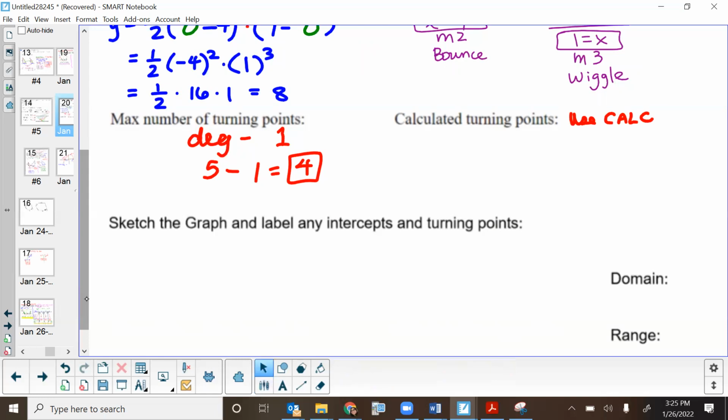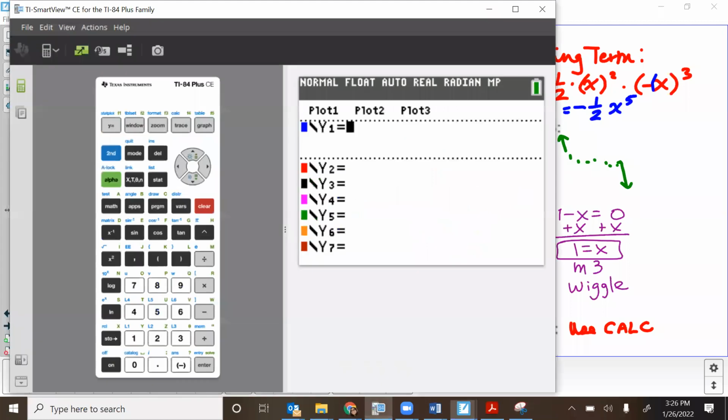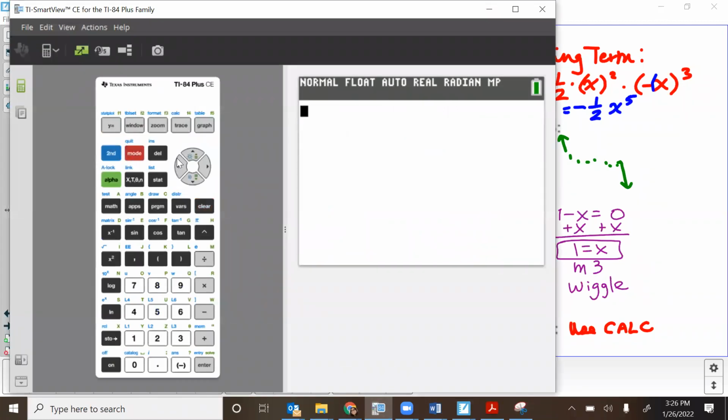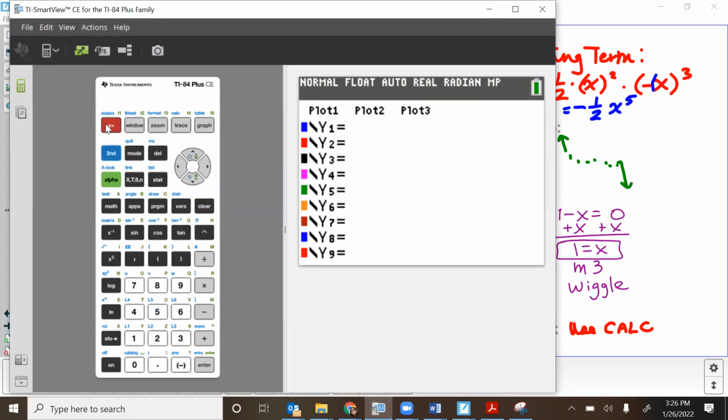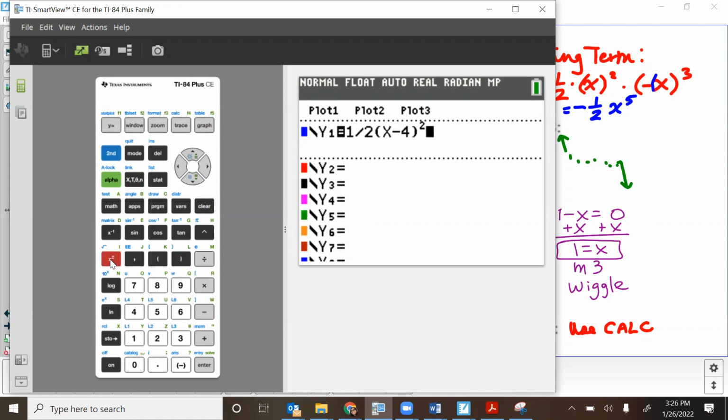So for the calculated turning points, I need to use my calculator. So when I open up my calculator, I will go to y equals and I will put in my equations. So I had 1/2 and then I had x minus 4 in parentheses squared.